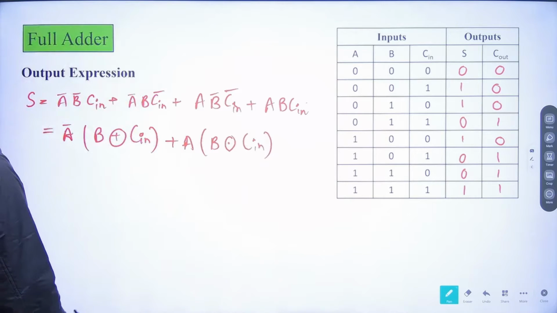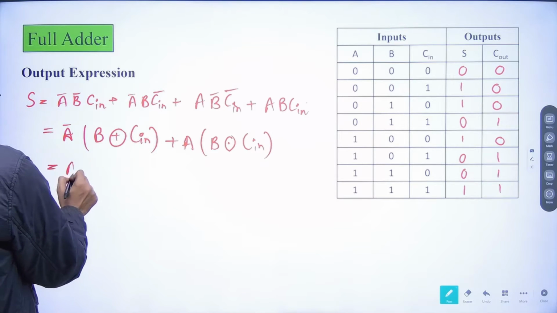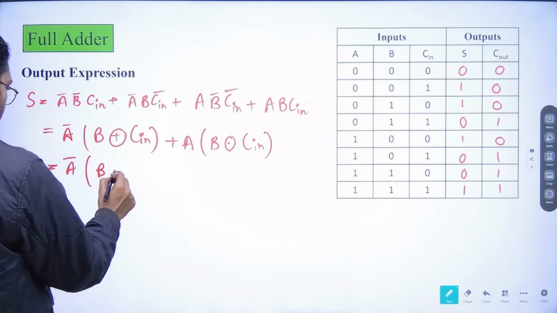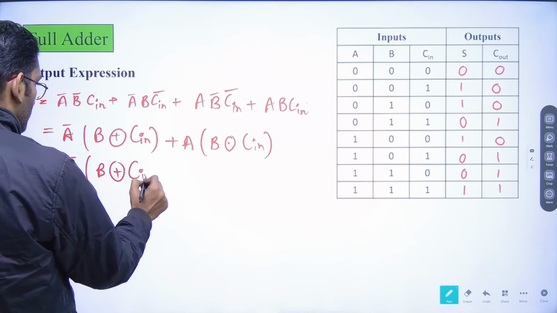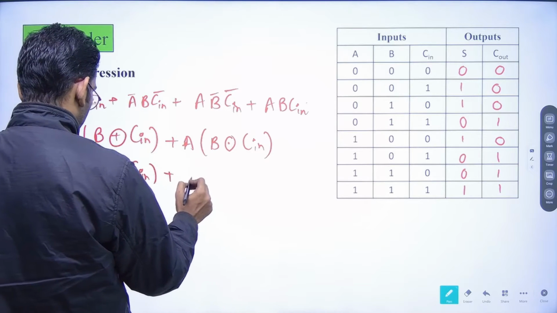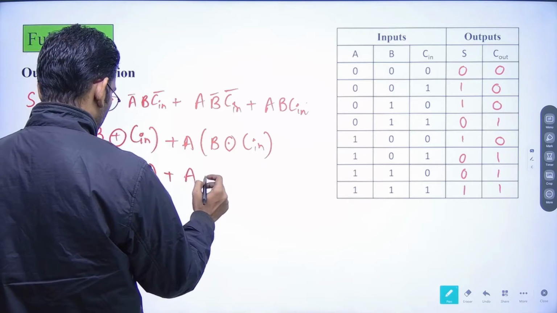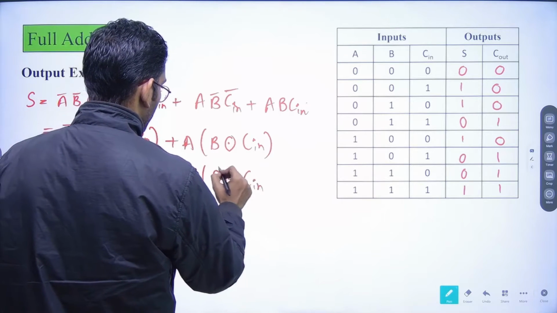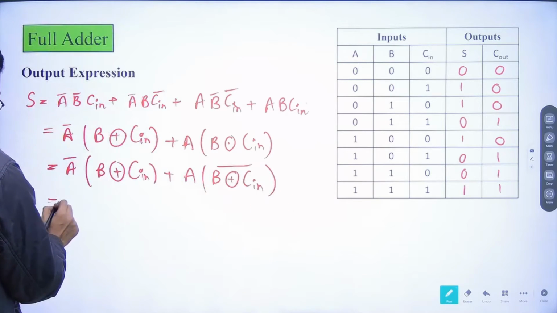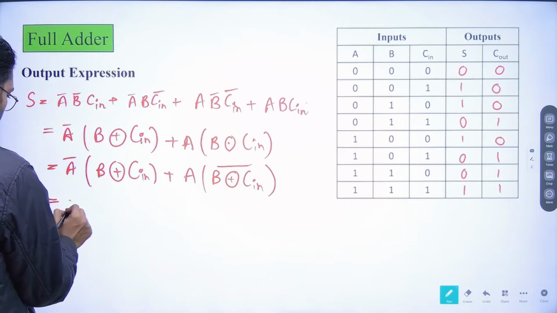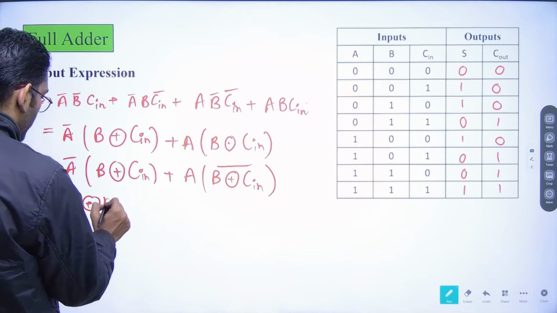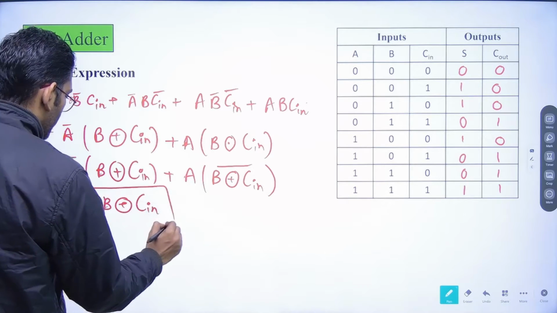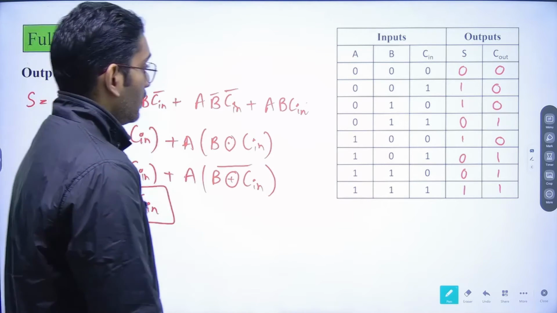After further simplifying, we will get A bar, B XOR C in plus A, and we can write the XOR in this format also. So this would further give sum equals A XOR B XOR C in. So this is the final expression of the full adder sum.